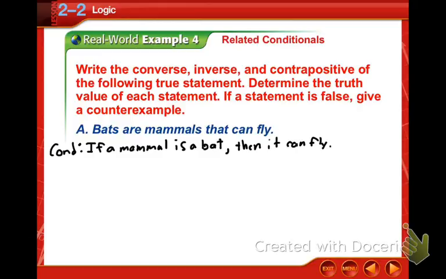The inverse is our next statement. Nope, sorry, converse. Converse next, then inverse. Converse just flips this. So if a mammal can fly, then it is a bat.